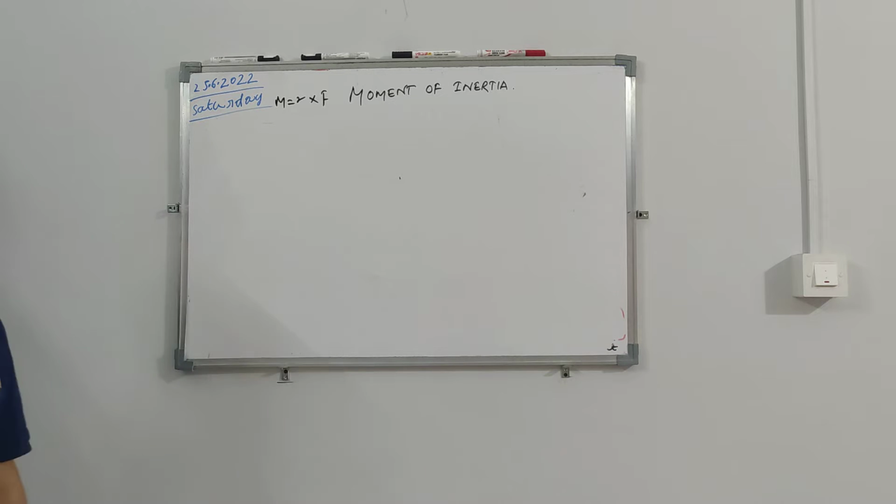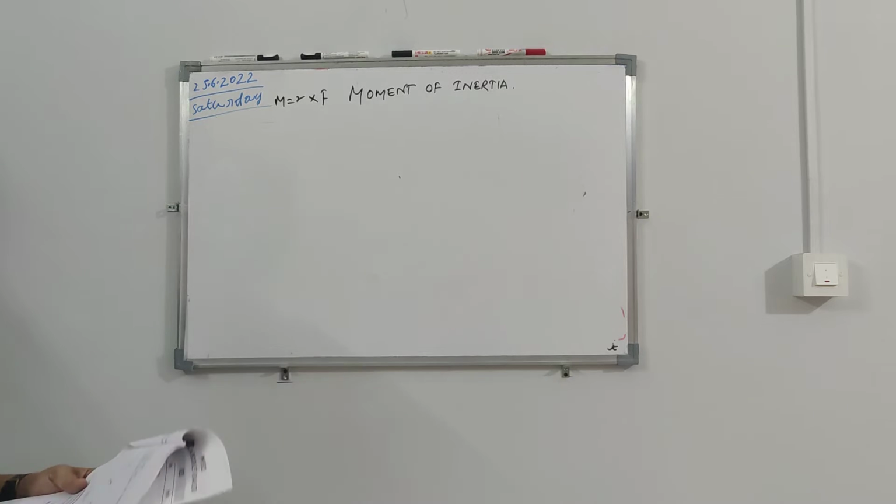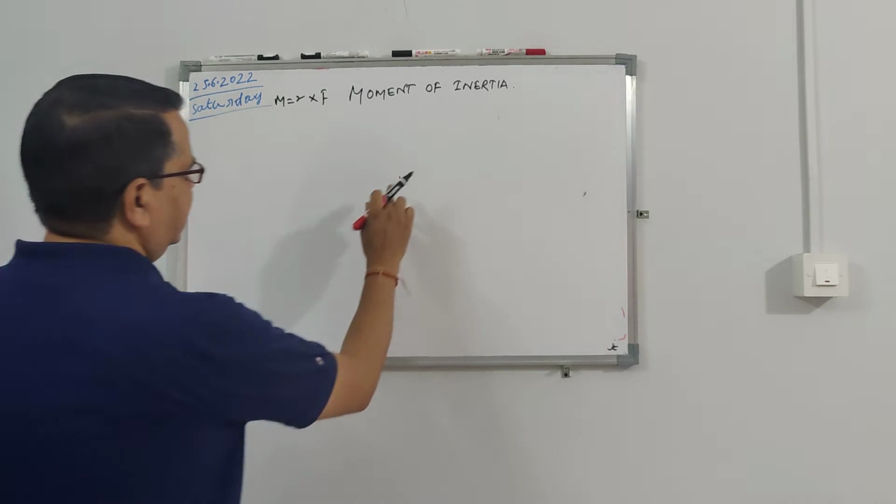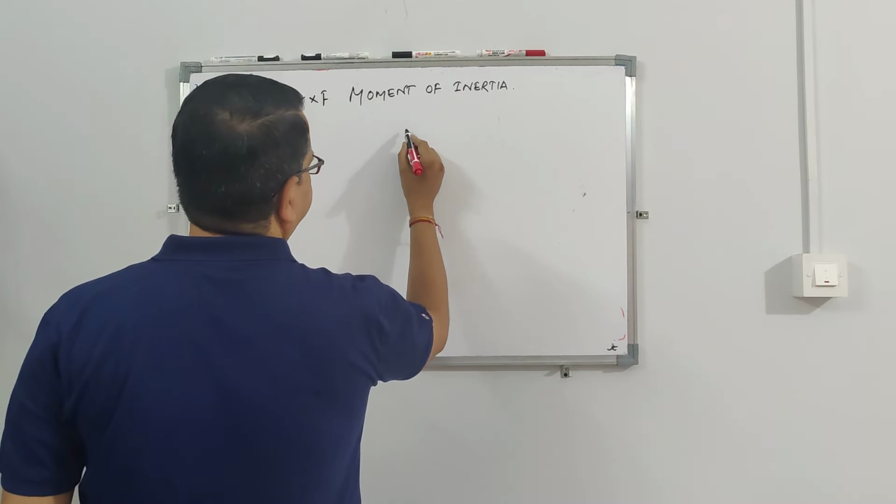What is the change? Acceleration or bringing something to rest. That change, if you want to produce in linear motion, that is mass. But in rotational motion, the thing that opposes the change is called moment of inertia.